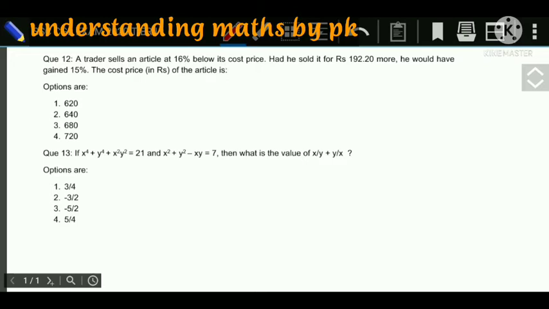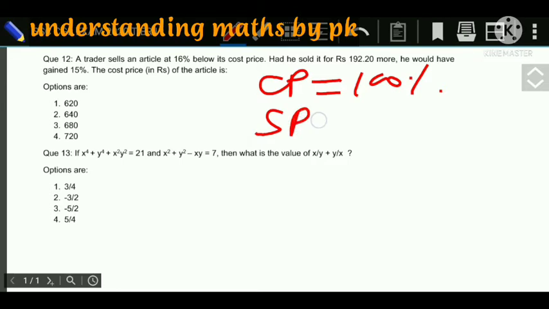As we know, CP, cost price, is always 100%. So the trader sells the article at 16% below its cost price, means selling price will be 100% minus 16% equal to 84%, correct?